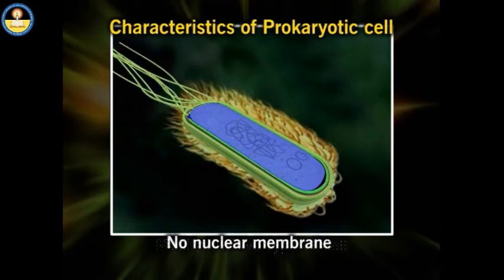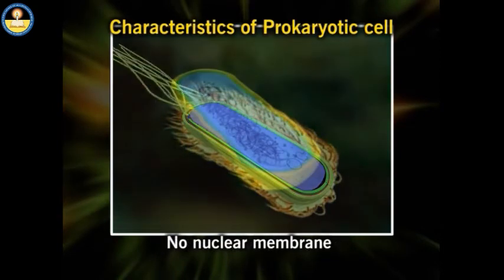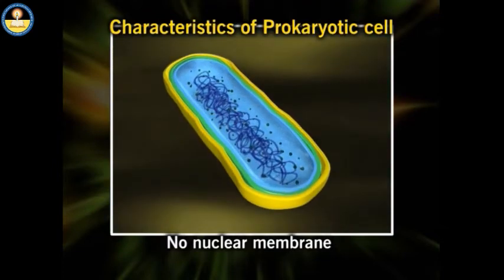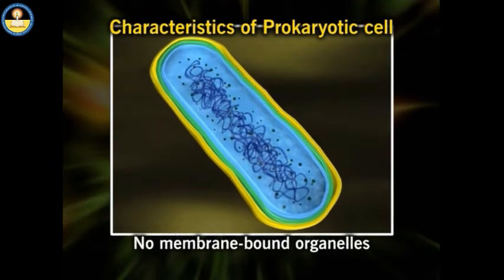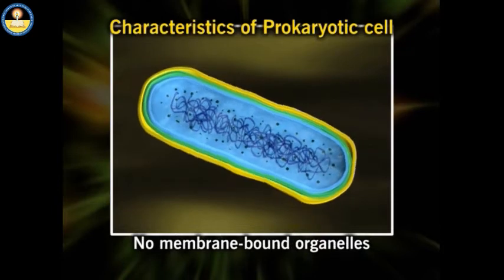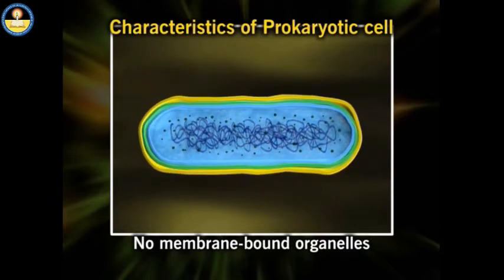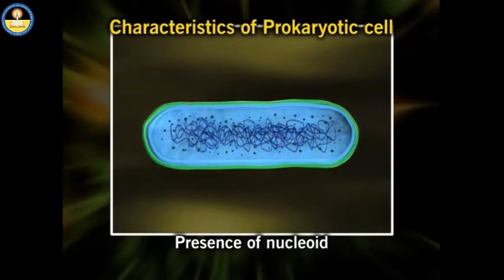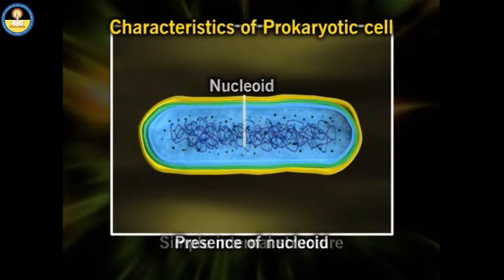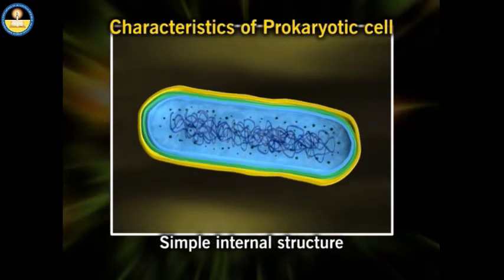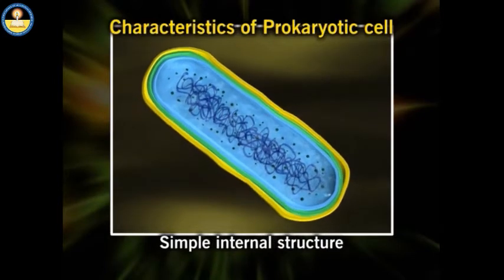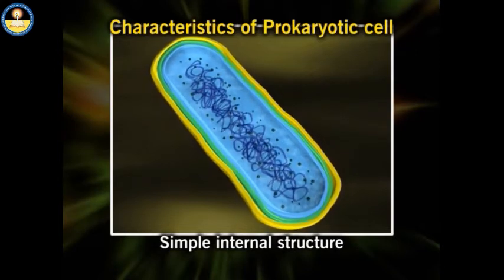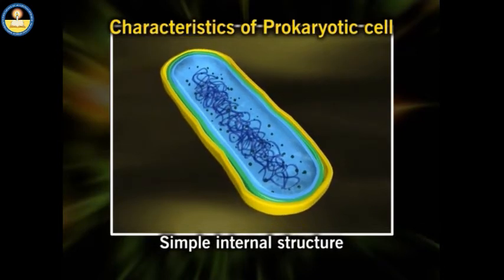It lacks a defined nucleus as well as other membrane-bound organelles. Its DNA is of floating kind and confined to a particular area in the cytoplasm, known as nucleoid region. So we can say that a prokaryotic cell has a very simple internal structure, as it does not contain membrane-bound organelles.